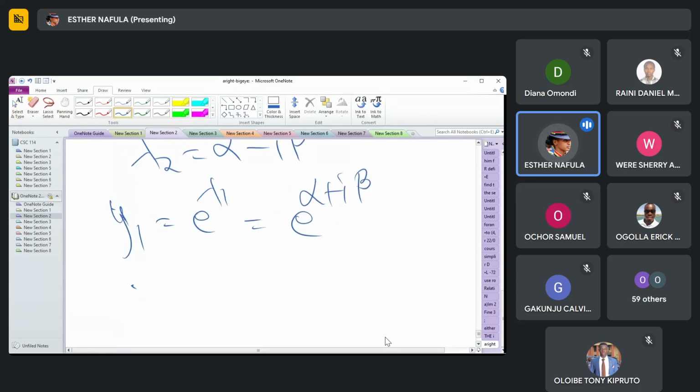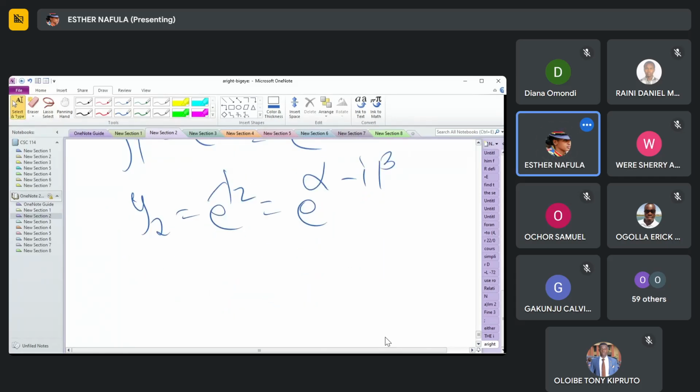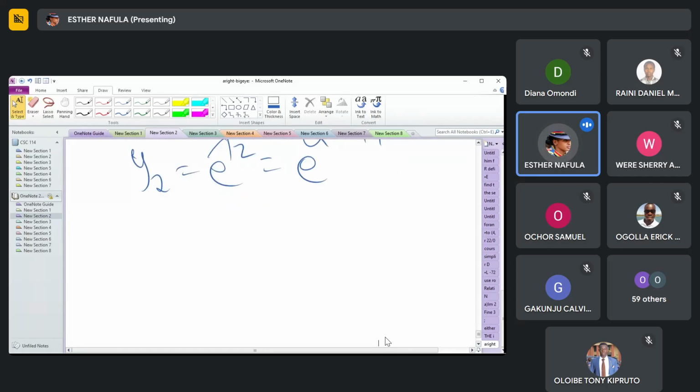Your y2 is e to the lambda 2, and this is e to the alpha minus i beta. But you start with an ordinary differential equation having real values, and then you have solutions that are complex in nature. The presence of an i makes the solutions complex in nature, so that cannot be acceptable. You have to look for a way of arriving at a solution which is real in nature.